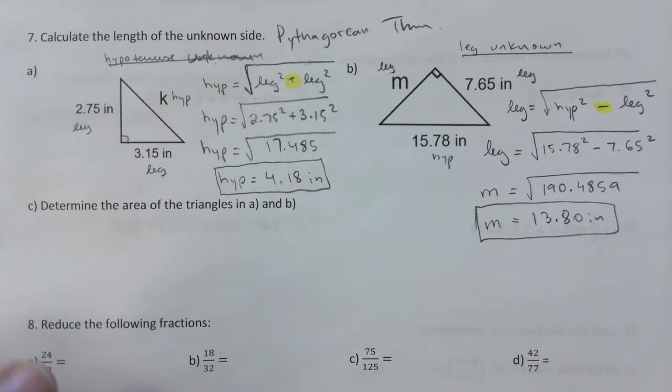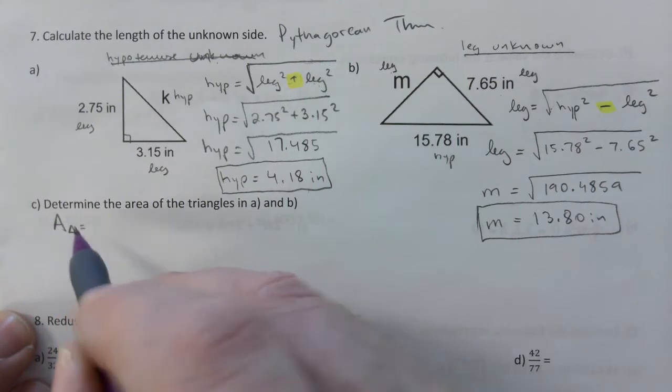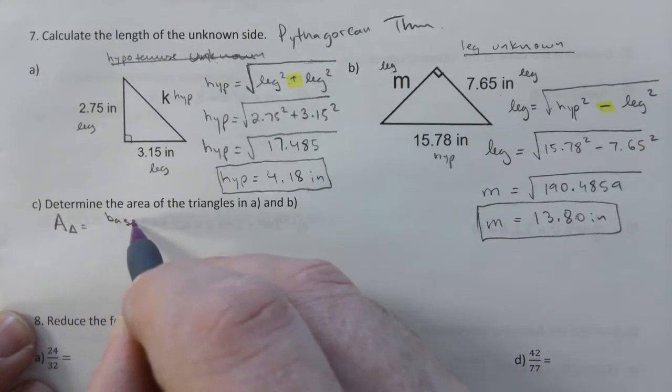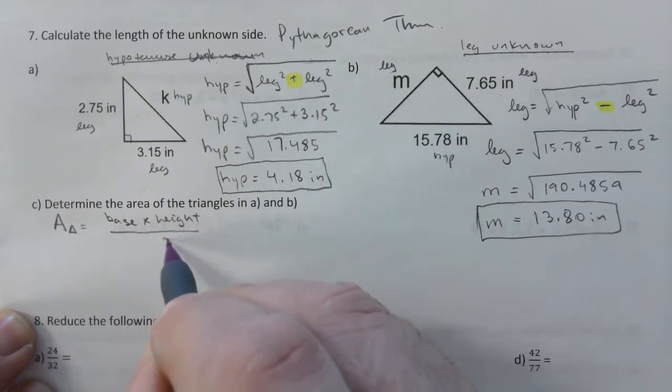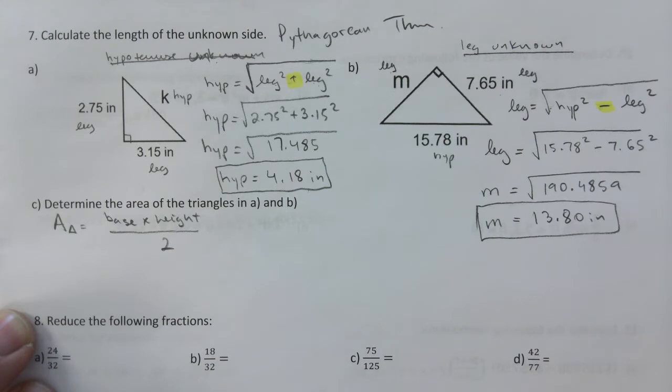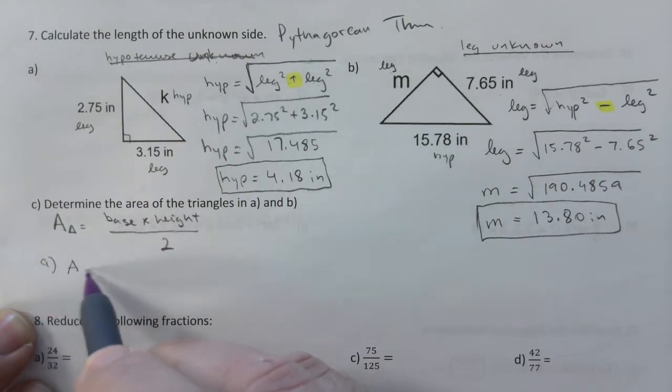Determine the area of the triangles in A and B. I don't know if you remember, area of a triangle is base times height divided by 2, okay? So for A, it would be area.